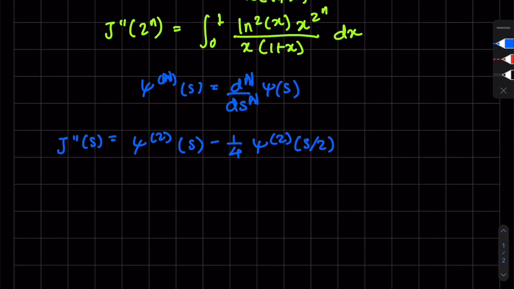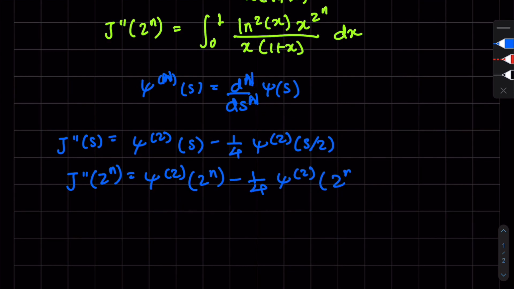So this is what the thing evaluates to. We can plug 2 to the n for s to get this expression. Say 2 to the n minus 1, because we're dividing by 2 there.